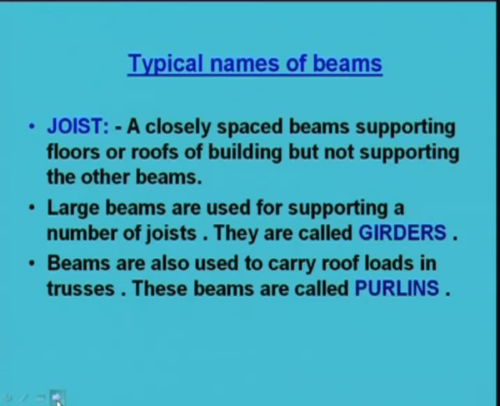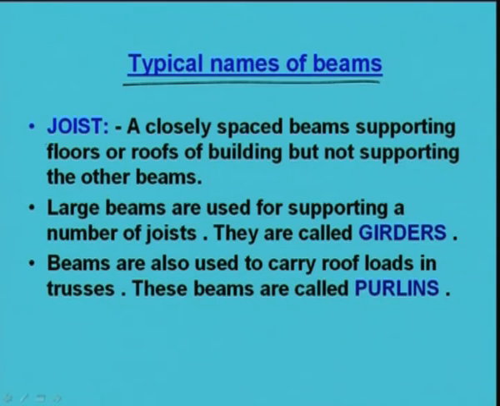Now, in buildings or bridges or different types of industrial structures, the same beam member is named in different ways. Somewhere it is called joist, somewhere girder, somewhere lintel. Before going to design the details of the beam, we must know what names we use in different cases.